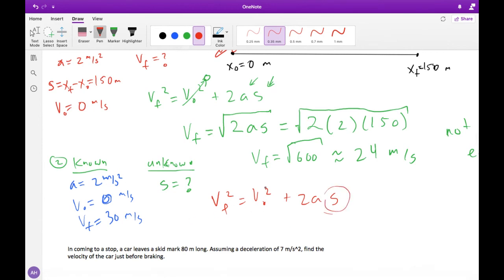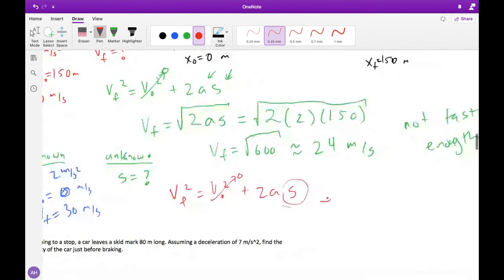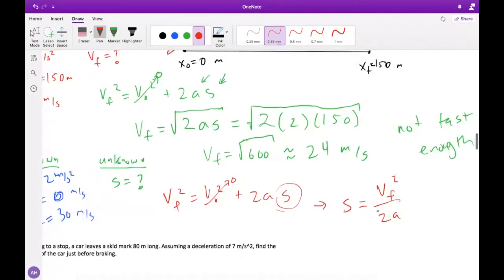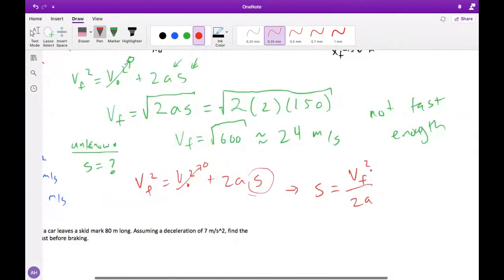And we know that this is still 0. So now just doing some quick algebra, all we have to do is divide over this 2a, and we see that the displacement is going to be equal to the final velocity squared divided by 2 times acceleration. And this is basically our answer now.